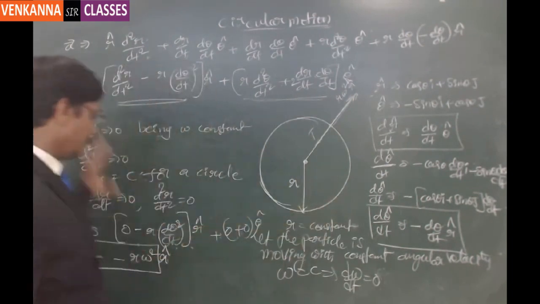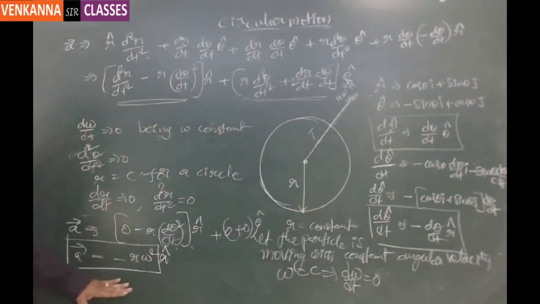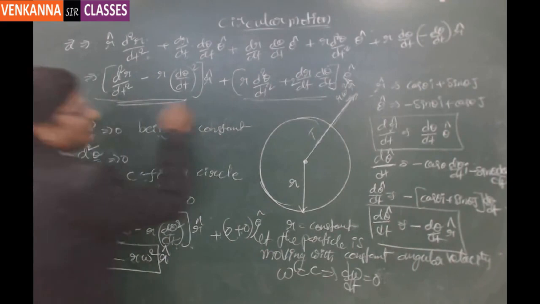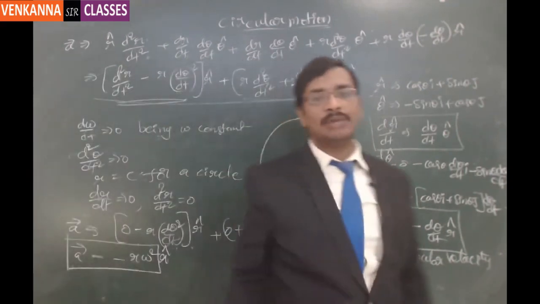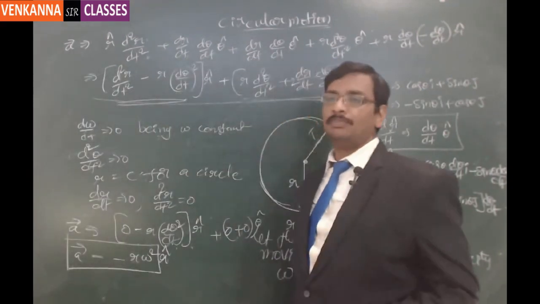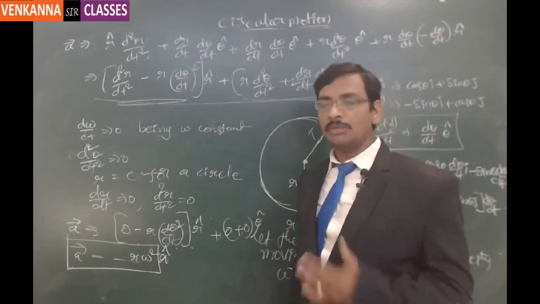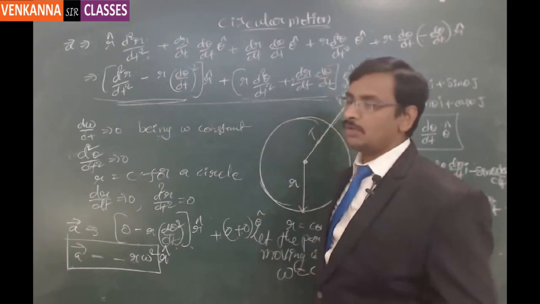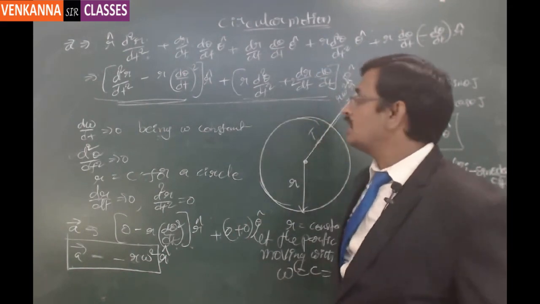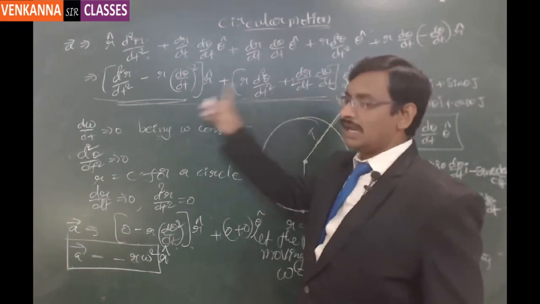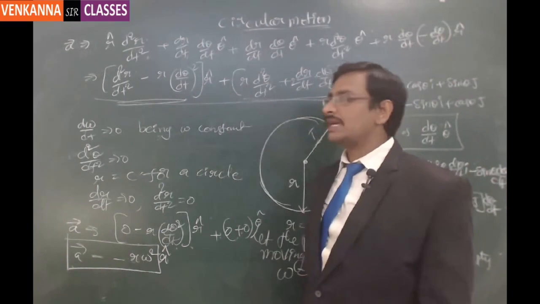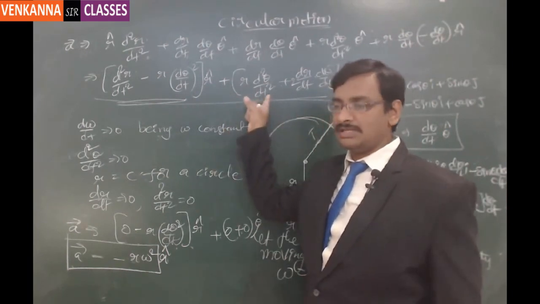So that conclusion we came to from this relation is a master rule which is applicable to all kinds of movement, whether it may be circular, parabolic, elliptical, or whatever kind of movement of the particle. You can calculate the radial and transverse acceleration with the help of vector analysis like this.